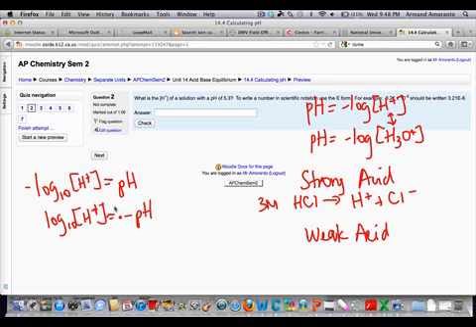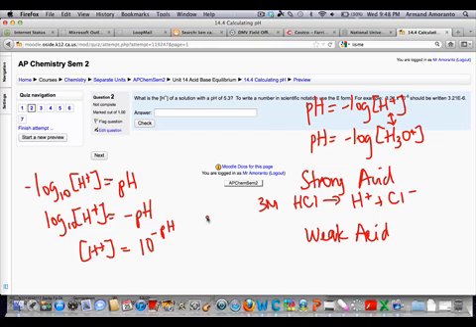The question is: 10 to what power is going to give me this number? So if I want to find H+, I need to put 10 to the power of negative pH. If you ever want to find the H+ concentration given the pH, all you have to do is raise 10 to that power. Okay? So 1 and 2 are pretty straightforward. I'll let you try that on your own.